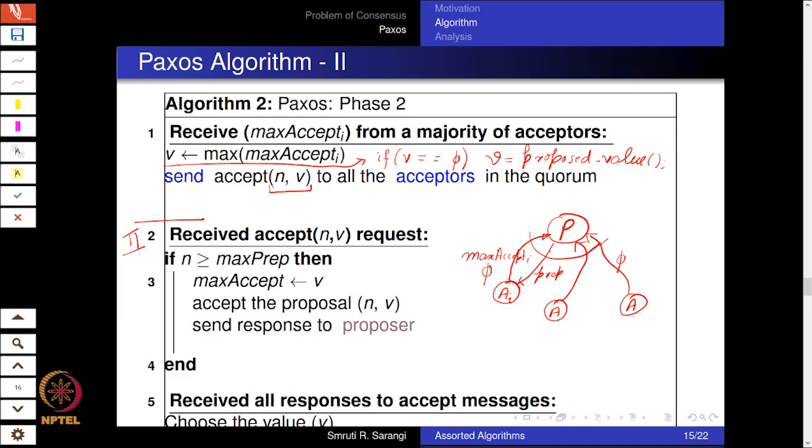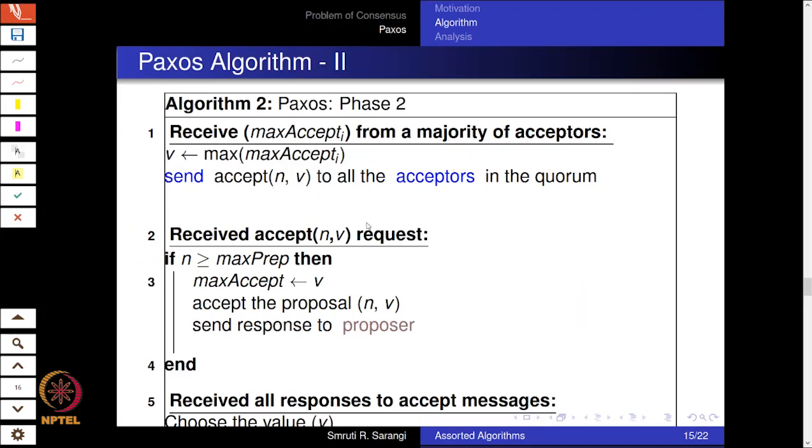So the phase 1 messages were the prepare message and the response max accept message, and we begin phase 2 with the accept message that is sent from the proposing node to the accepting node.